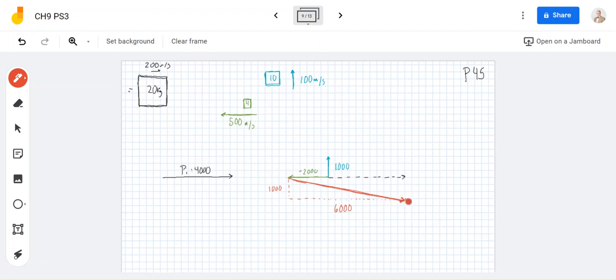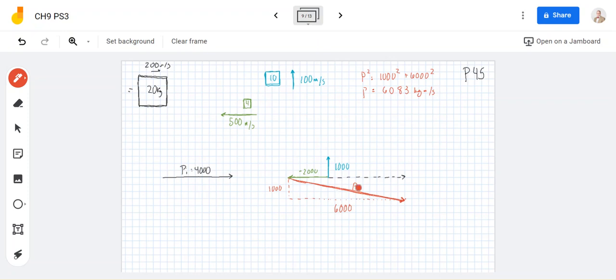So if I want to get the total momentum, I'm going to use the Pythagorean theorem there. So we're going to call this P. So P squared is equal to 1,000 squared plus 6,000 squared. And if I use the Pythagorean theorem there, I end up with 6,083 kilograms meters per second.